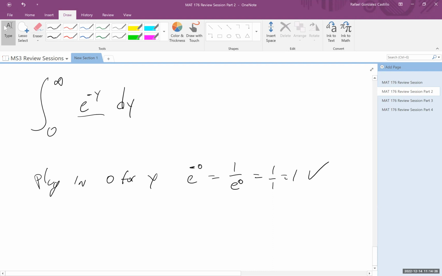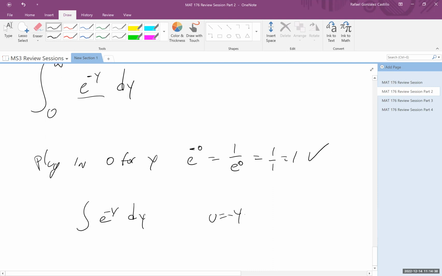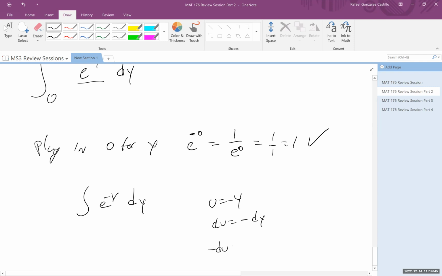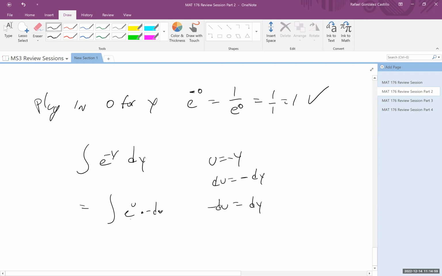Again, let's start by just solving the indefinite integral of e to the negative y dy. If you let u be negative y, then du is going to be equal to negative dy. So that means that negative du is equal to dy when you divide both sides by negative 1. So our substitution becomes the integral of e to the u times negative du.